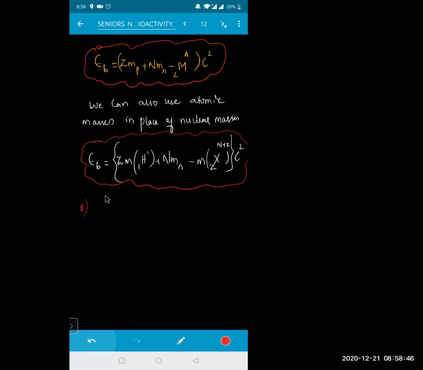Take one small question on nuclear physics, beta. See here.